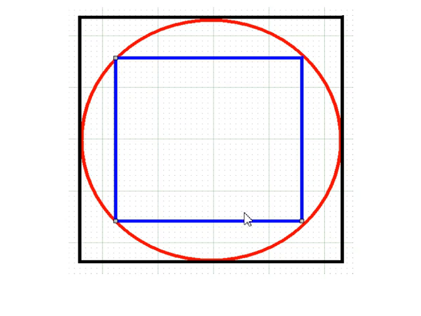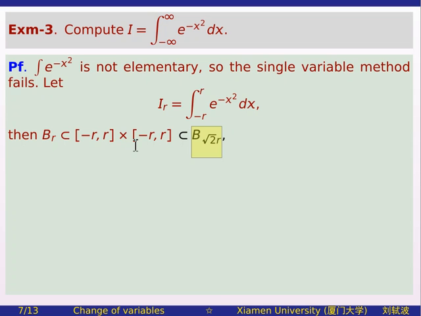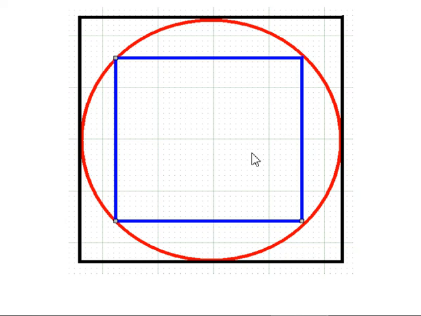This blue rectangle is our rectangle [-R, R] cross [-R, R], and the red circle bounds a disk which contains the rectangle we considered. So what is the radius of this red circle?